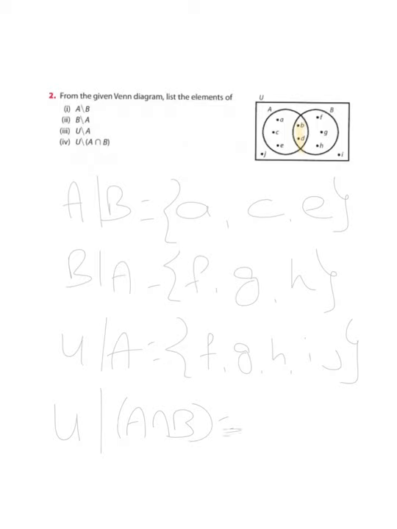Writing that down, that would give me the set A, C, E, F, G, H, I, and J. So we do not write down A intersection B.